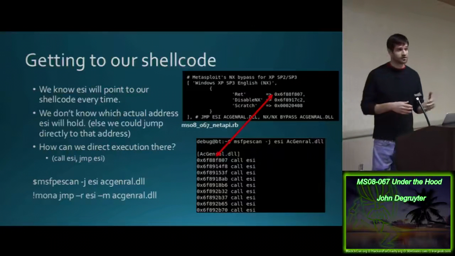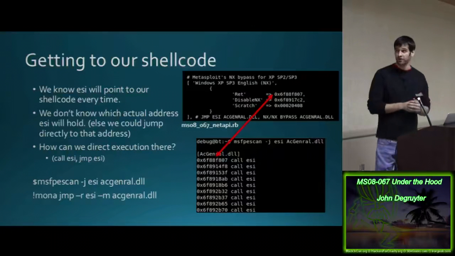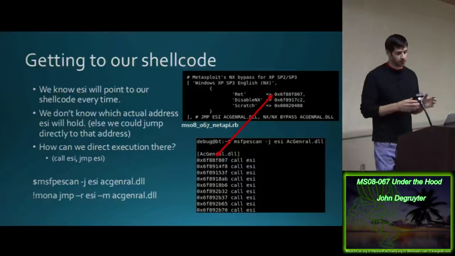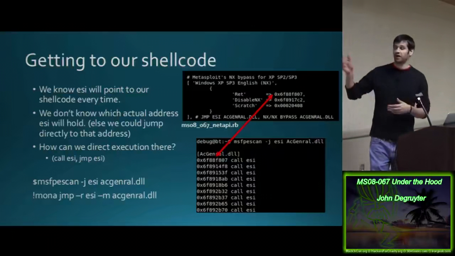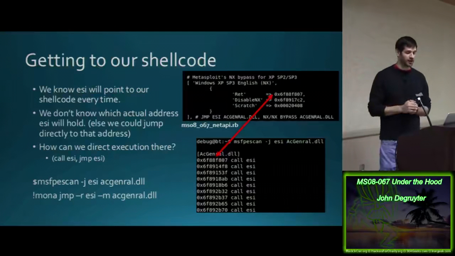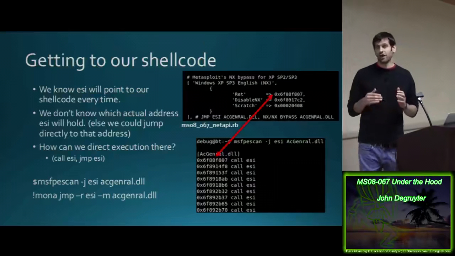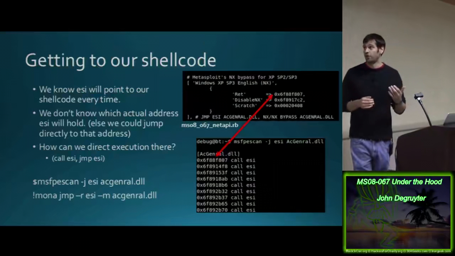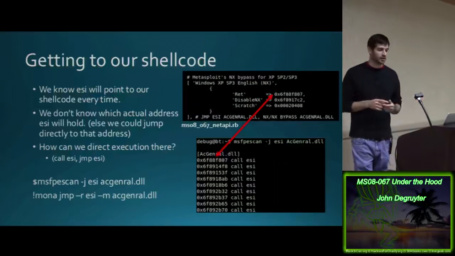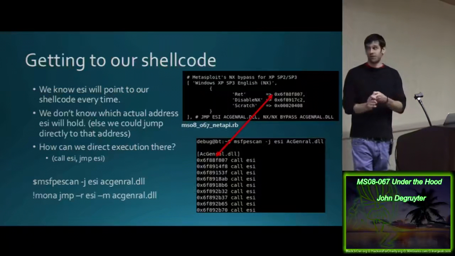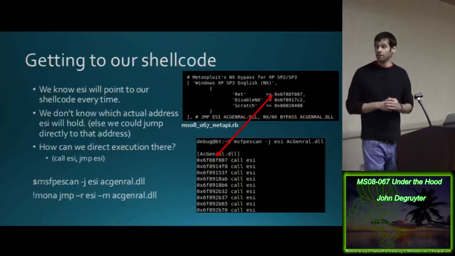But ASLR is not an issue for us on this target. It stands for address space layout randomization, which would change the address where these static offsets are every time. And that's why we can use these static offsets, because they're not going to change. Anytime the DLL is loaded on this particular target, the call ESI is going to be here, and the disable NX is going to be where it's supposed to be.